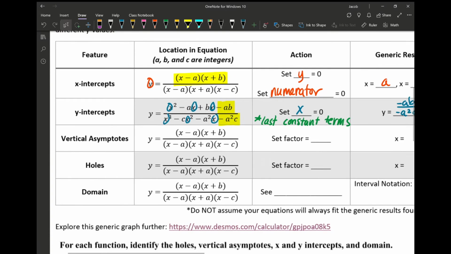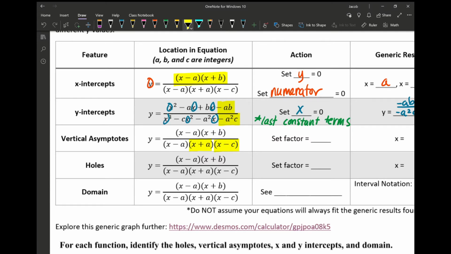Our vertical asymptotes are going to come from the factors in the denominator that do not have a shared factor in the numerator. So they'll come from this term, x plus a, and x minus c.